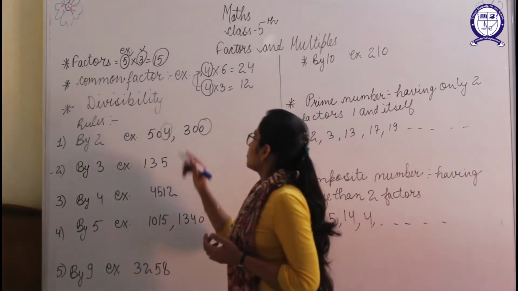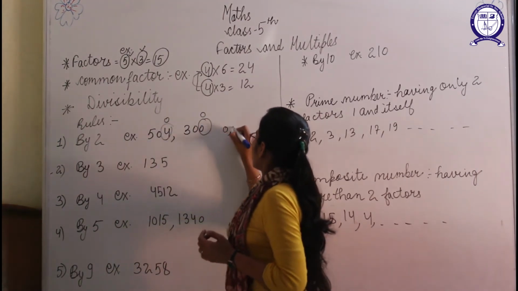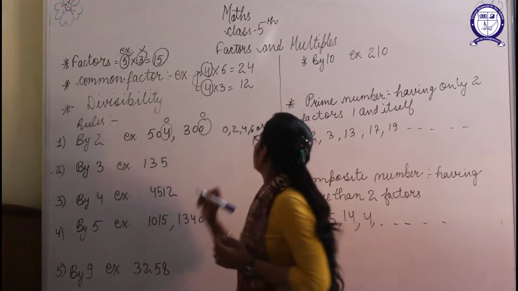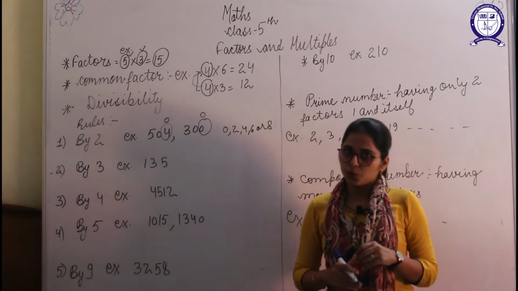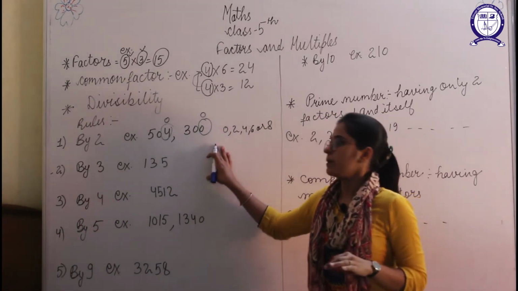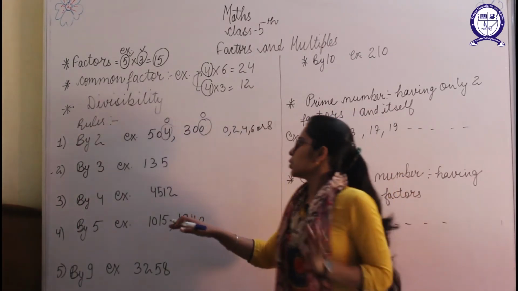How? When the unit digit or the ones digit of any number is 0, 2, 4, 6 or 8, then the number will be divisible by 2. If the digit is other than these, the number cannot be divisible by 2. So here is 4, here is 0. Yes, these will be divisible by 2.